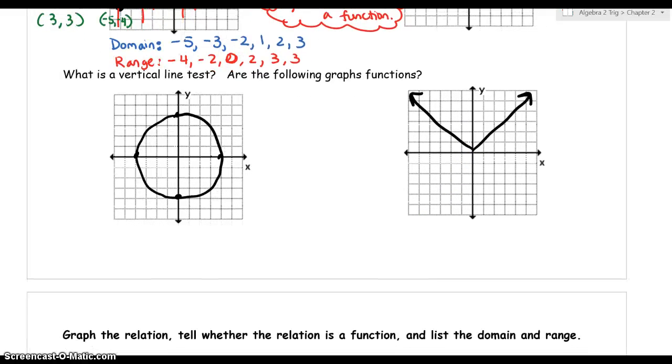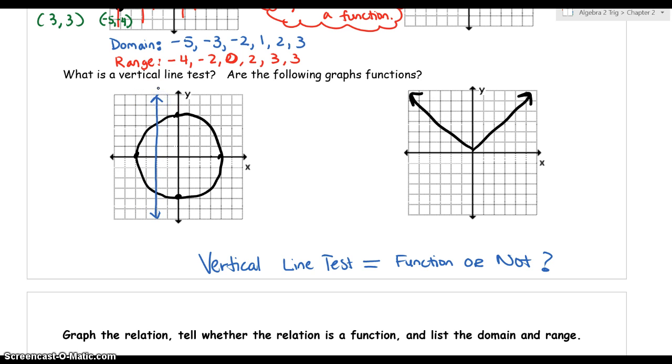Once again, the vertical line test tells us if it's a function or not. It answers the question: function or not. So we're going to run the vertical line test on this. Now, here's what I see.